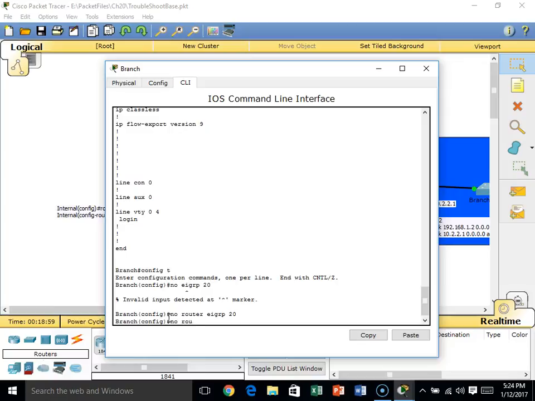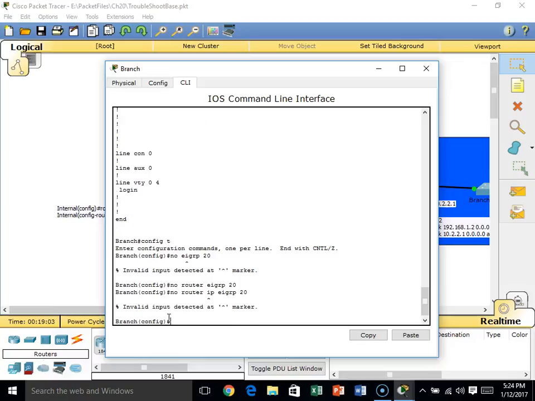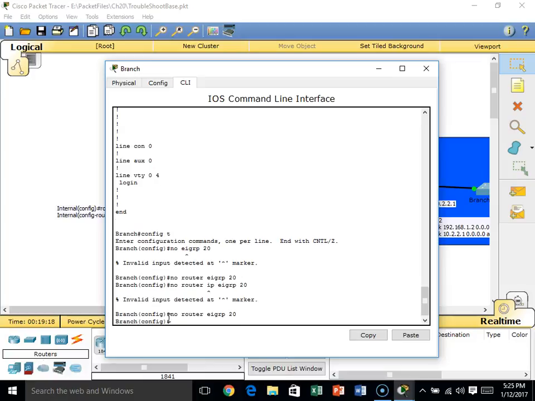It's router EIGRP, right? Config T, no router EIGRP 20. Probably if I spell EIGRP correctly, I type slower. I know it's 10 in the book, but it's actually 20 on this thing.